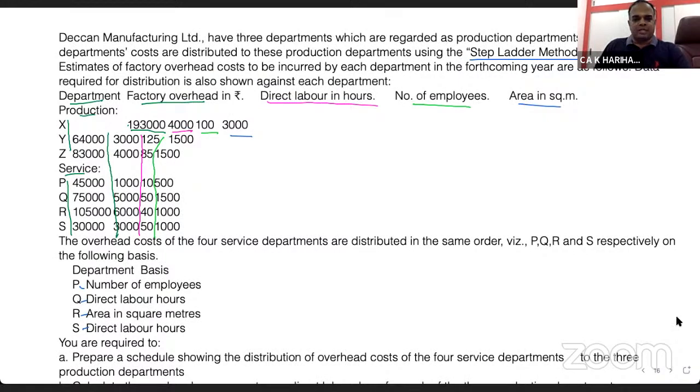With respect to overhead, how much is given? P 45,000, factory overhead.